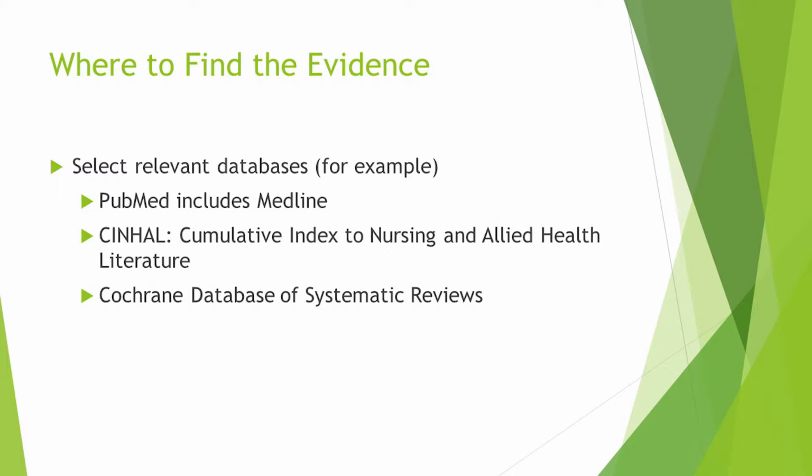The other for nursing is CINAHL, which is the Cumulative Index to Nursing and Allied Health Literature, which is very comprehensive for nursing literature. And of course, if you have access to the Cochrane database, which includes systematic reviews, which is really the needle in the haystack, if you're able to find a systematic review on the content that you're looking for.